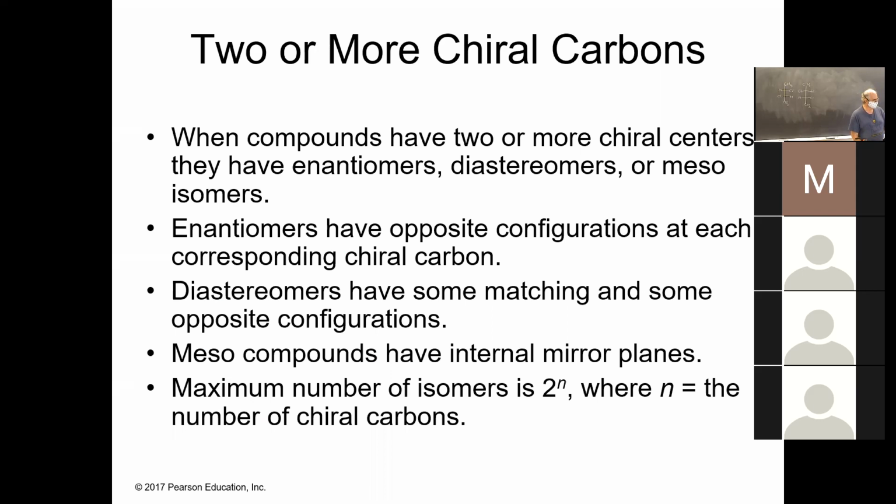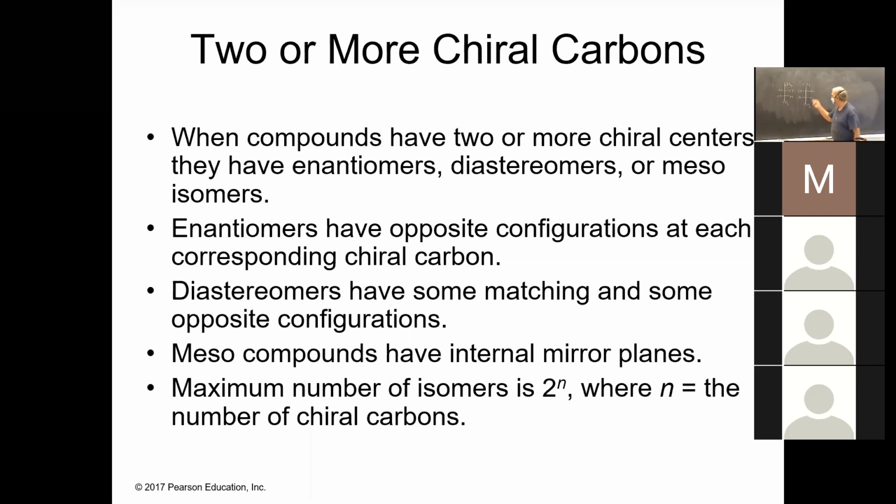Okay, so this is the maximum number of isomers that are possible. If you have one stereocenter, there are two possible stereoisomers, two enantiomers. If you have two stereocenters, then 2 to the second power, or 4, stereoisomers are possible.